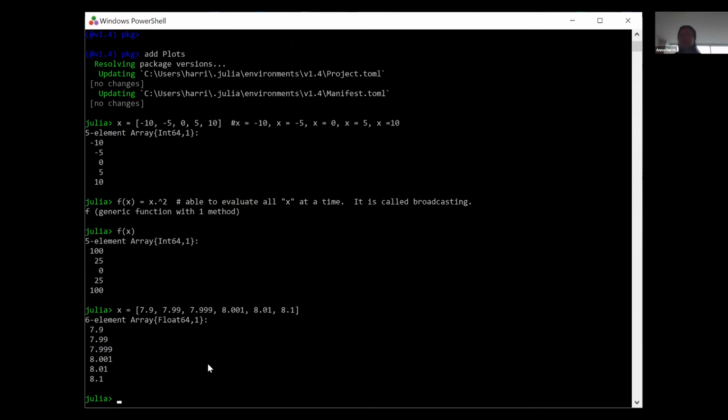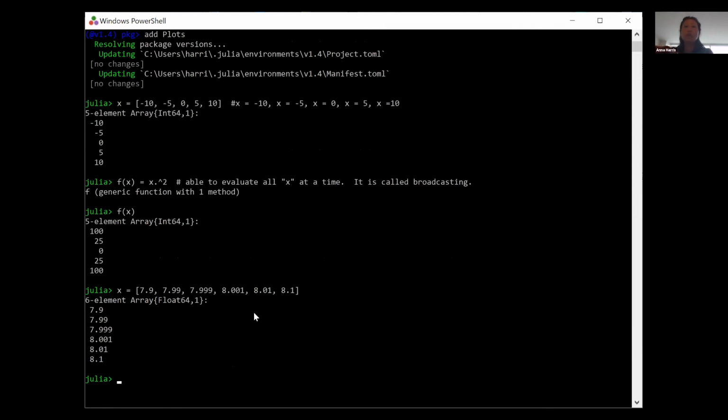I have new x values. This time I have 6 x values: 7.9, 7.99, 7.999, 8.001, 8.01, 8.1. Now, what do I do?